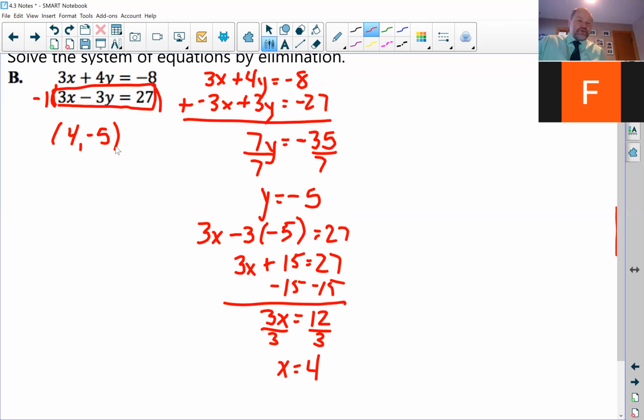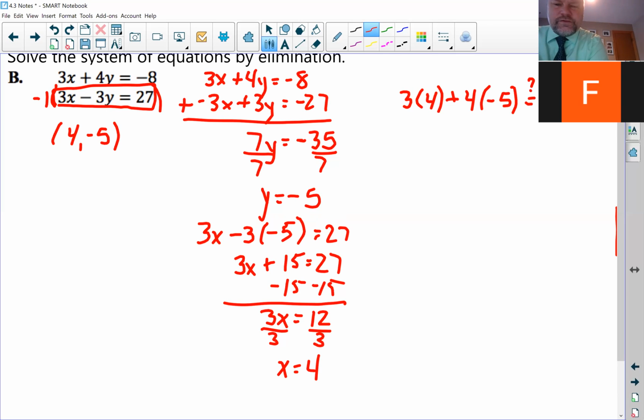Now I want to check to make sure that's true. So I go back. I've already used that second equation, so now I'm going to use the first one. 3 times 4 plus 4 times -5.